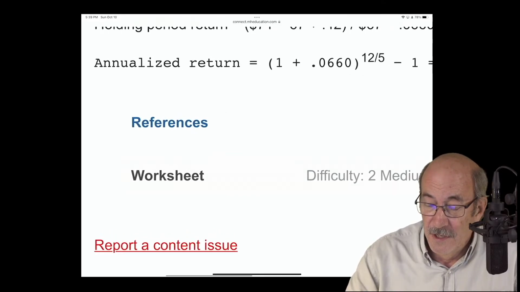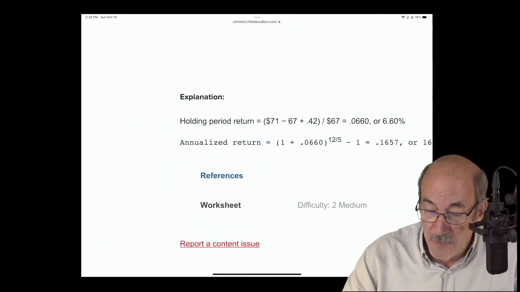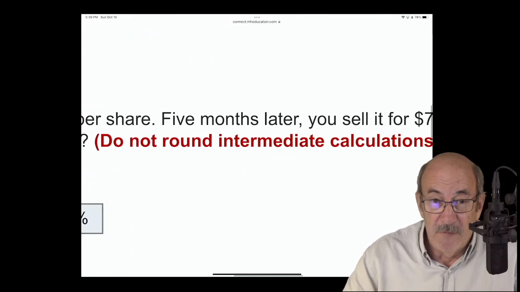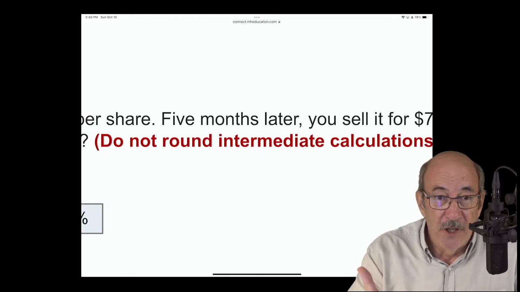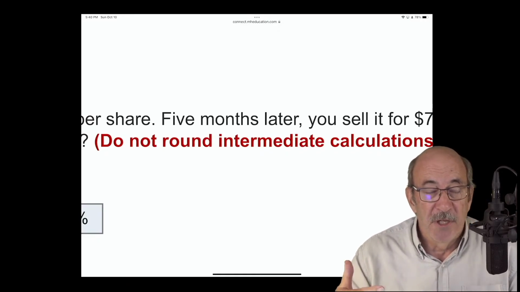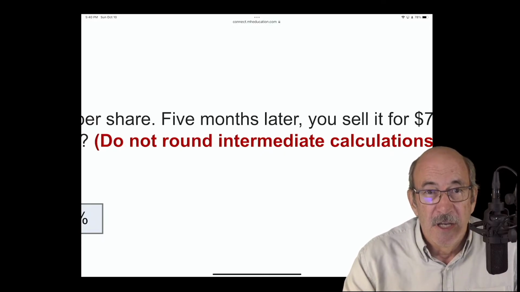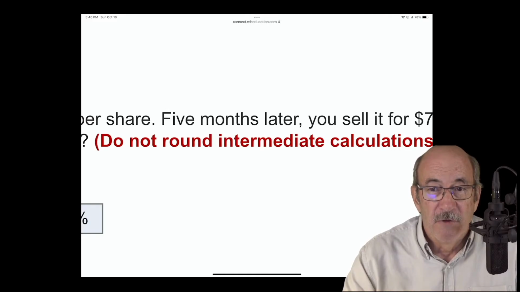So why would you do 12 divided by 5? Because the holding period for this is 5 months. Now, in the problem that you got, it probably said 4 months, so it would be 12 over 4. If it was 8 months, it's 12 over 8, and so forth.